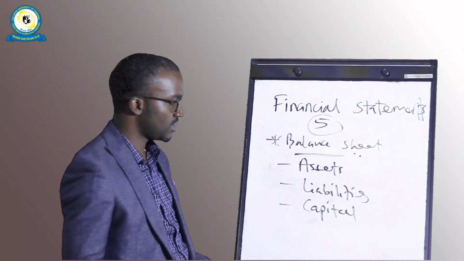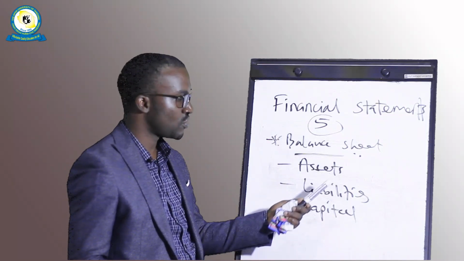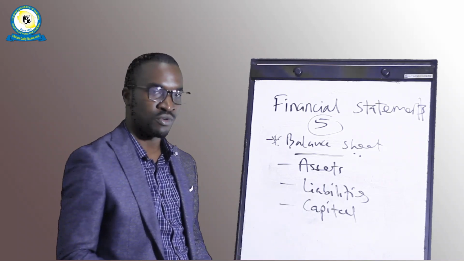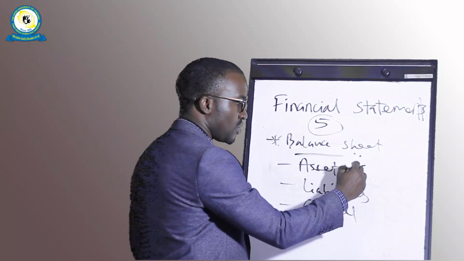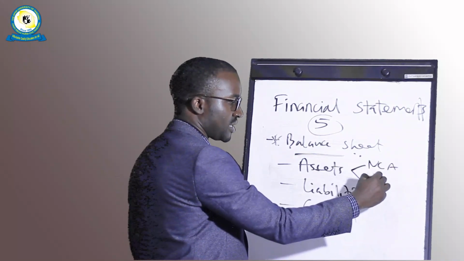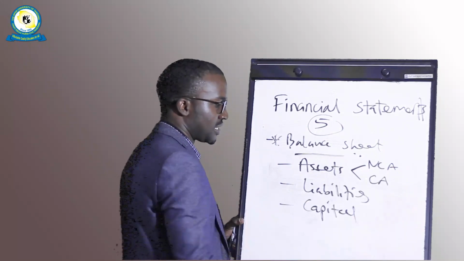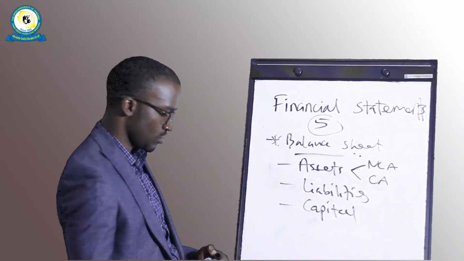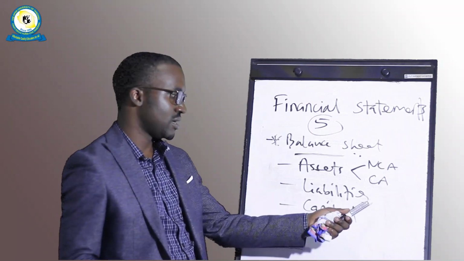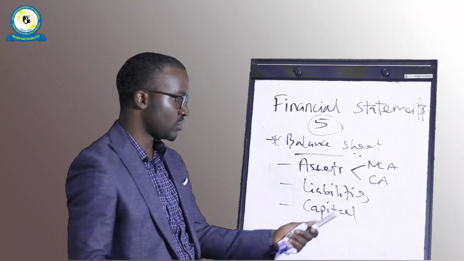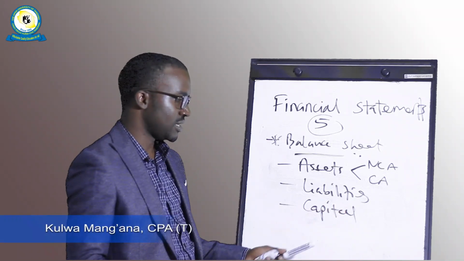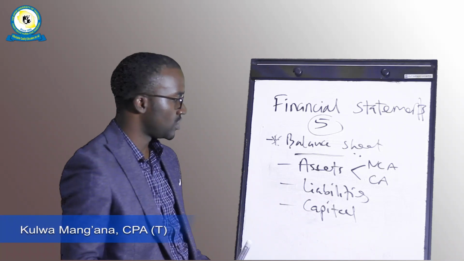We have long-term assets or fixed assets, which we call non-current assets, and we have current assets. Likewise with the liabilities, we have long-term liabilities, which is the same as non-current liabilities, and current liabilities. And lastly, we have the capital.